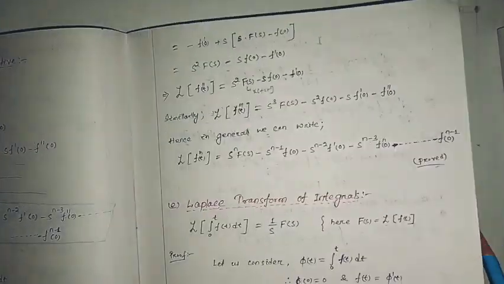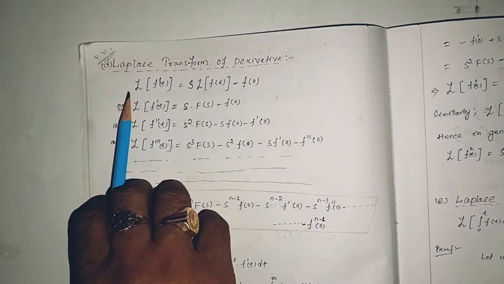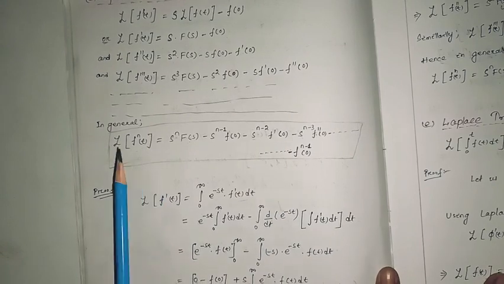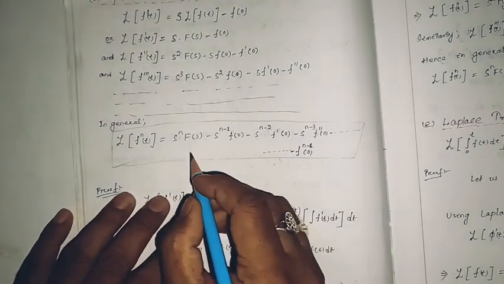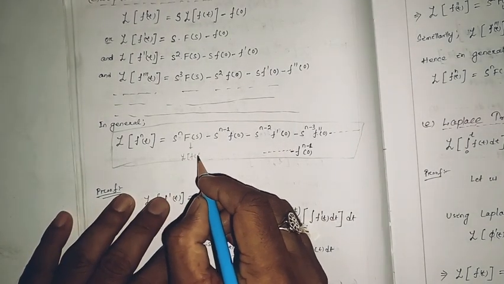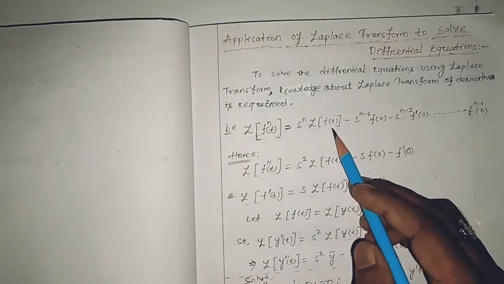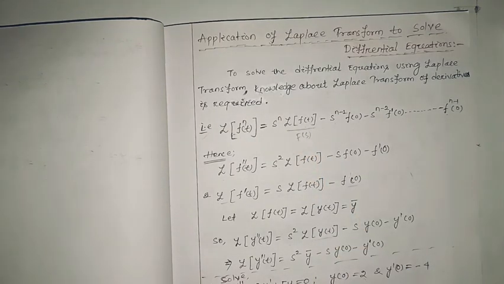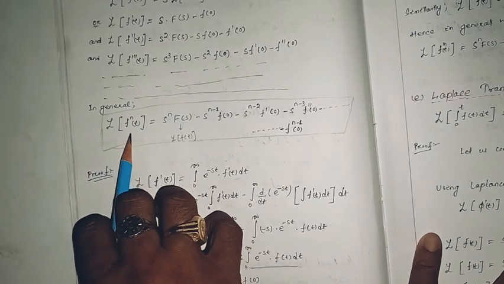You may remember that when we discussed the Laplace transform of derivatives, we proved this result. Here I have written s^n F(s), where capital F(s) is nothing but the Laplace transform of f(t). Instead of the Laplace transform of f(t), we can also write capital F(s). At that time we proved how the Laplace transform of the nth derivative of a function comes out to be this.